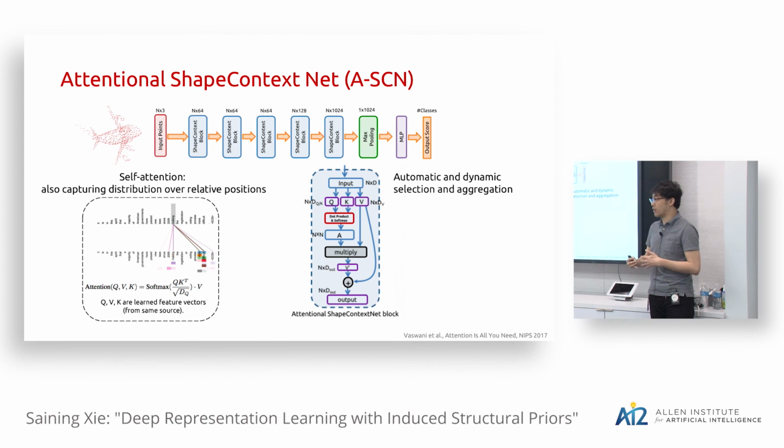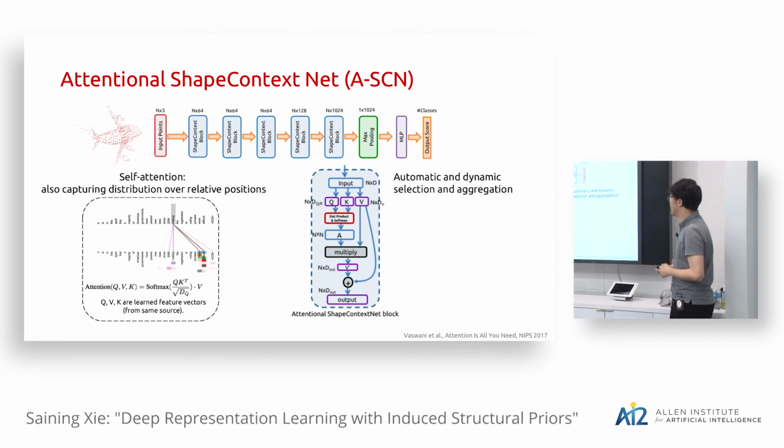So instead of designing all those ShapeContext kernels, we can replace this ShapeContext block by this self-attention block. Because it also captures the distribution over the relative positions, using this self-attention block we can automatically and dynamically do the feature selection, the partitioning, or the aggregation step in the regional ShapeContextNet.